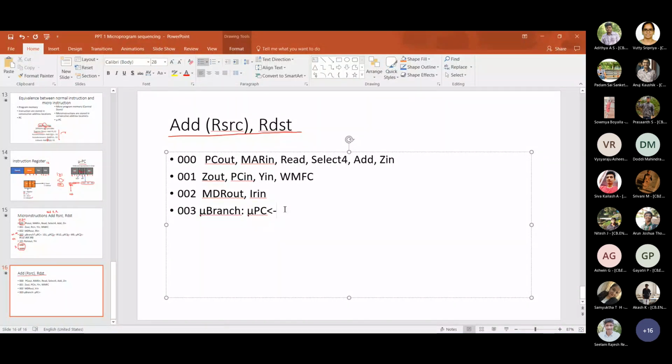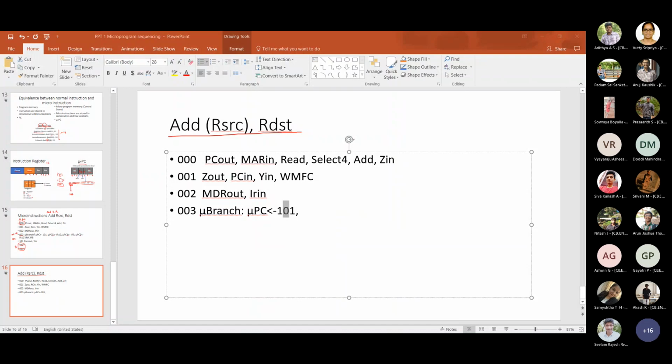Same as your previous one. Since it's add, the first three bits and the last three bits are fixed at 001, 001. So first you load 101 into mu PC. Then you decide what should be the actual value for this middle number. Should it be 0? Should it be 1? That is decided after that.